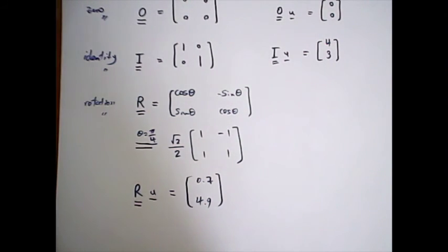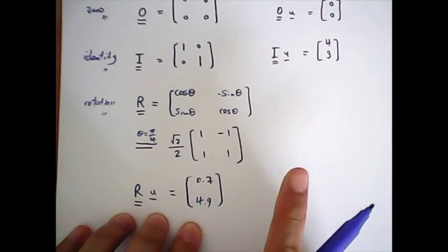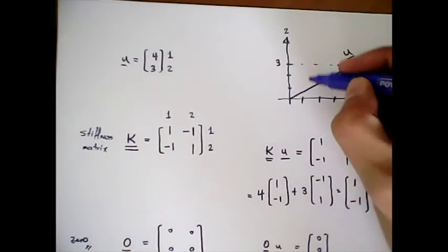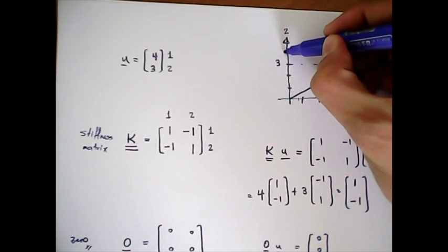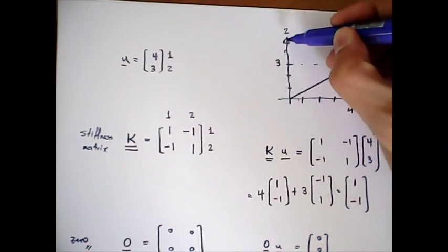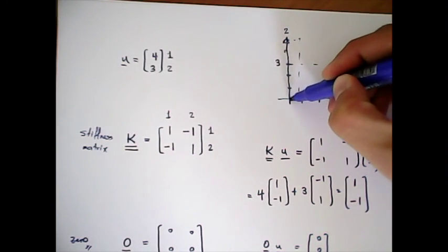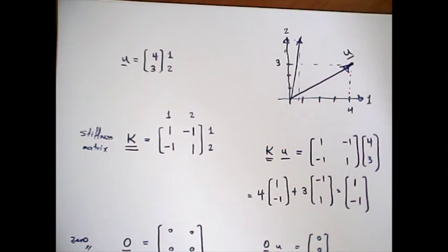Wait a second. We applied R to U, which was 4 and 3, and we got this number. What does it even mean? Let me plot it on our diagram up there. I'm going to plot 0.7 and 4.9, and probably it would be up here. It's this guy.